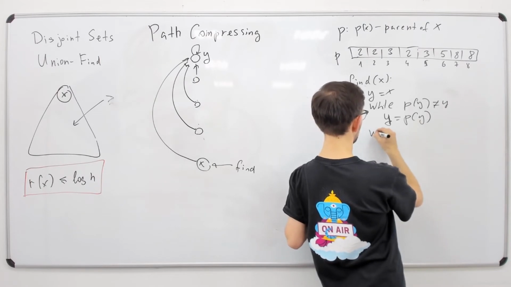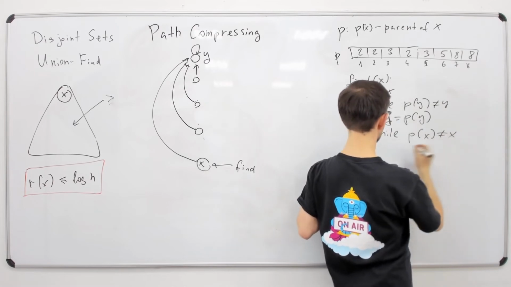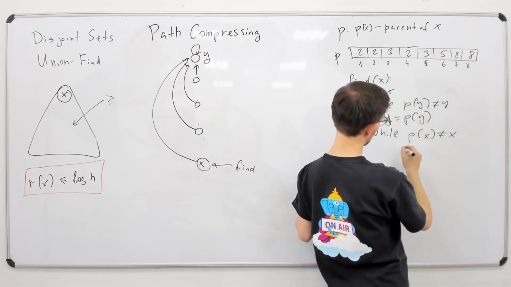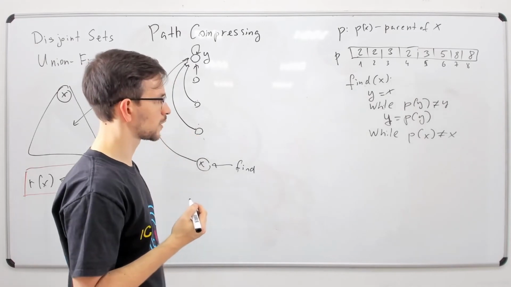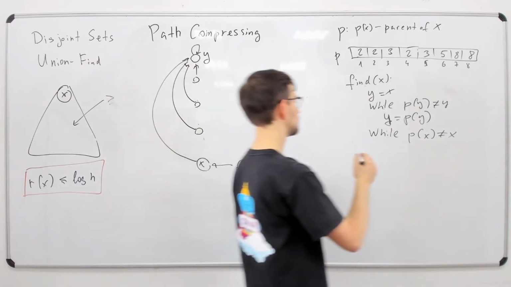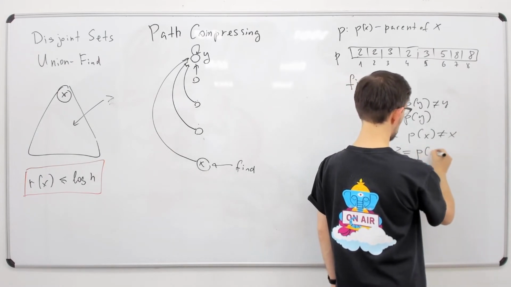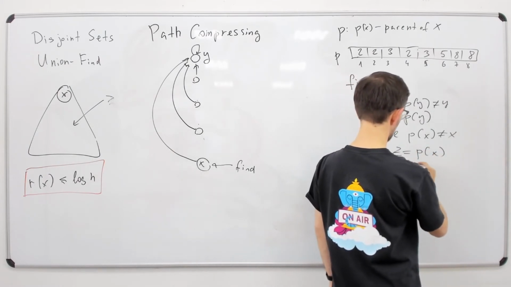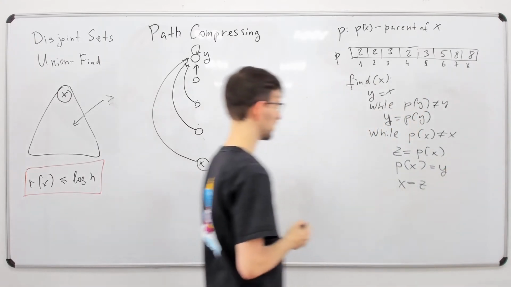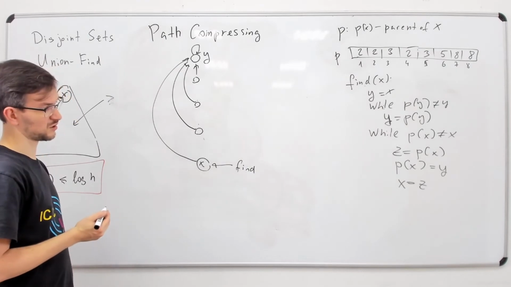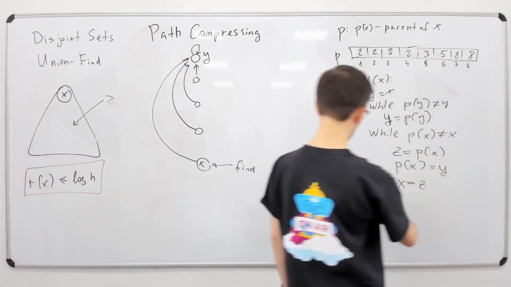Let's do it like here. While p of x not equal to x, I want to move here and change the pointer. Say z equal to p of x, p of x equal to y, and then x equal to z. It's overcomplicated, but okay, good enough.